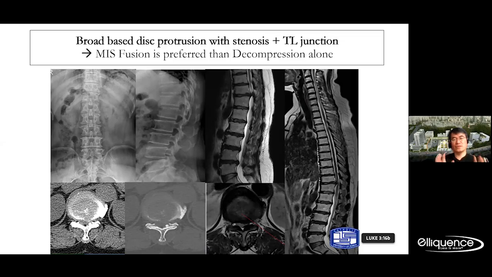There's also a dorsal stenotic component, a little bit of OLF on the left side, calcified, and flavum thickening, calcified, compressing the central ventral side and the dorsal side. Also, the patient has a compressed kyphotic posture. So in this situation, MIS fusion is preferred over decompression alone.